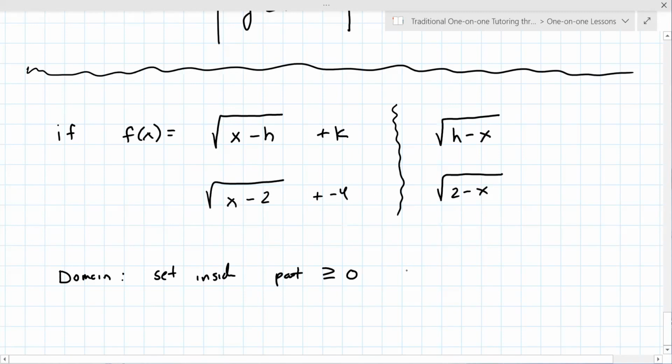So like x minus h greater than or equal to 0, or h minus x greater than or equal to 0. And then you just solve it. You just figure out x is less than a number, x is bigger than a number, and so on.